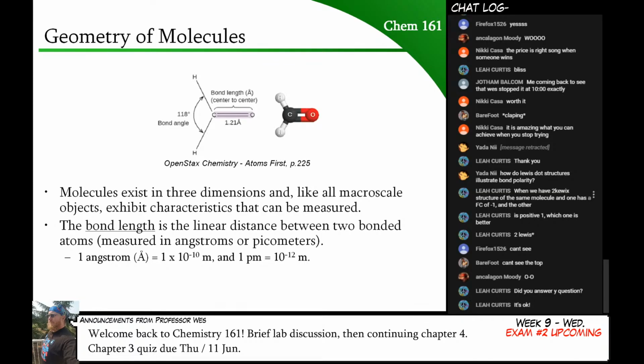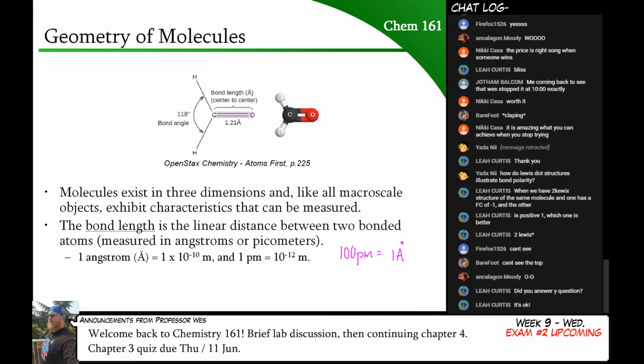How are bonds measured? We measure bonds in angstroms. An angstrom is 1 × 10⁻¹⁰ meters. Another common unit is the picometer, which is 10⁻¹². I don't like the unit angstrom because it's not SI, but picometers is pretty good because that's a unit that we are familiar with.